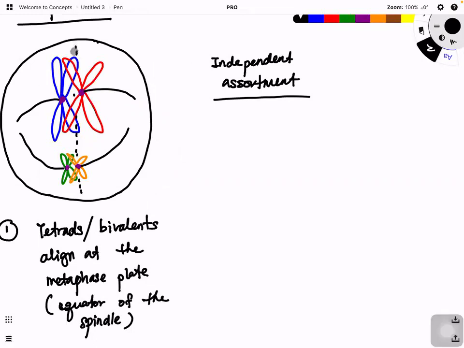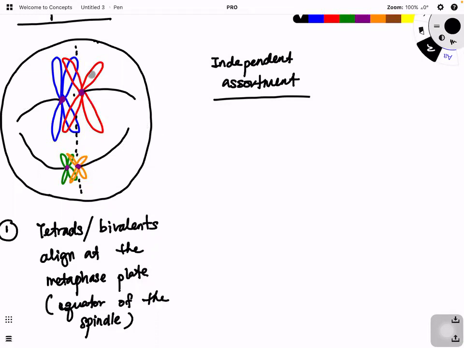In anaphase 1, we are going to break the chiasmata, and then the blue color with a little bit of red will move to this side. Green with a little bit of orange moves to the left. Red with a little bit of blue moves to the right side. Orange with a little bit of green moves to the right side.